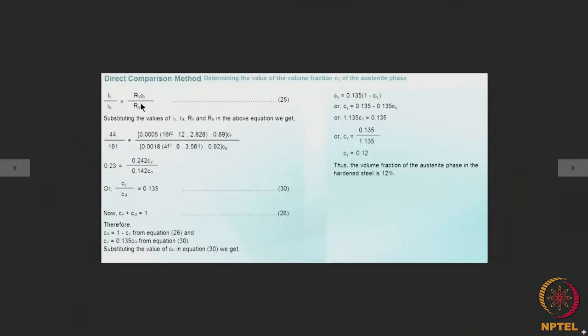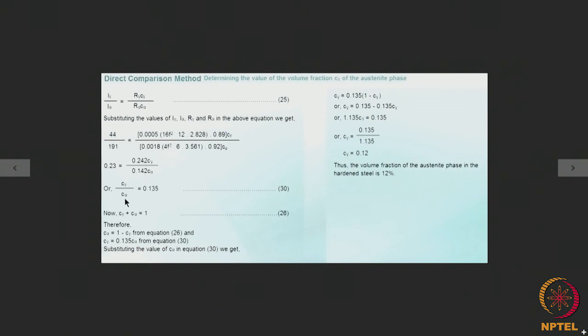Putting those values in this equation, we have already seen I gamma by I alpha is 44 by 191, that is by direct measurement on the I versus 2 theta plot, and then put the values of R gamma and R alpha, multiplied by C gamma and C alpha. So 0.23 is equal to 0.242 C gamma by 0.142 C alpha.